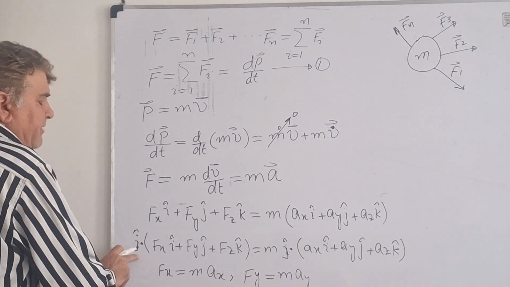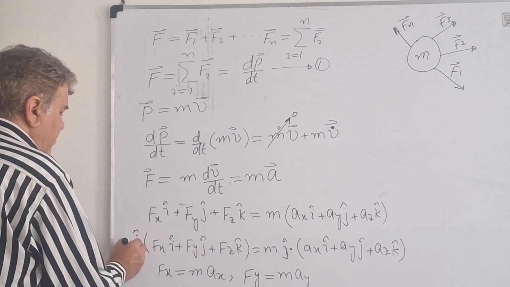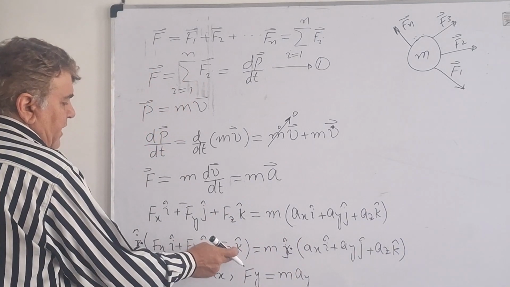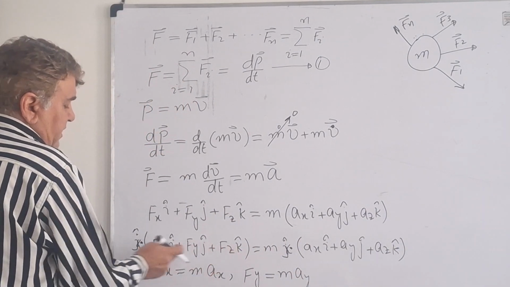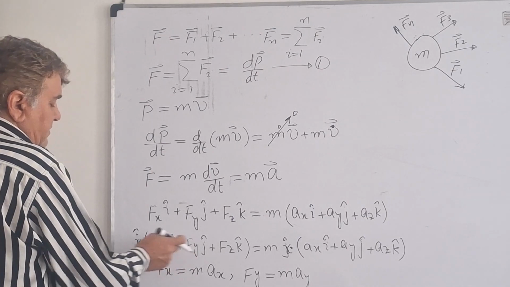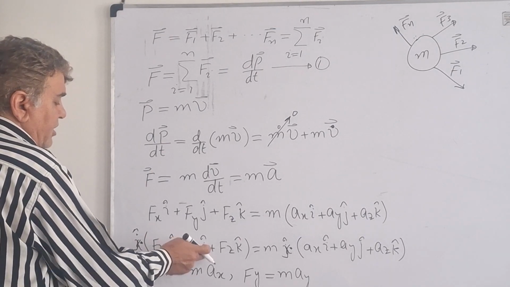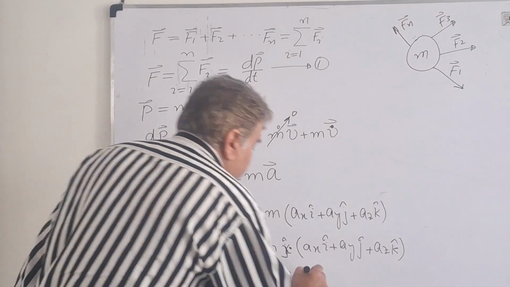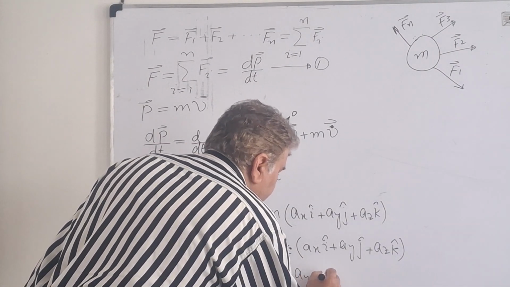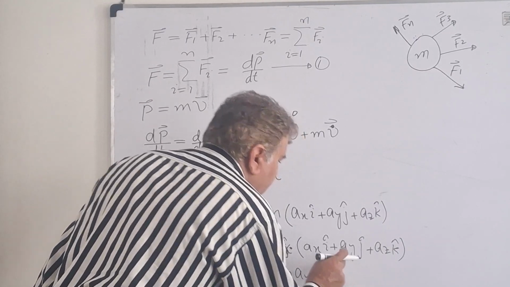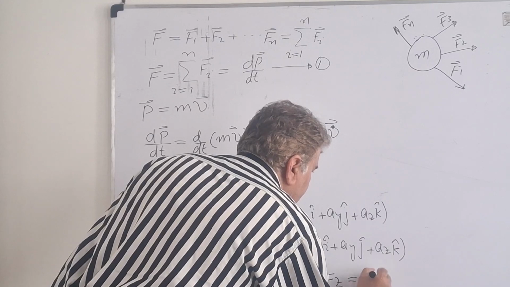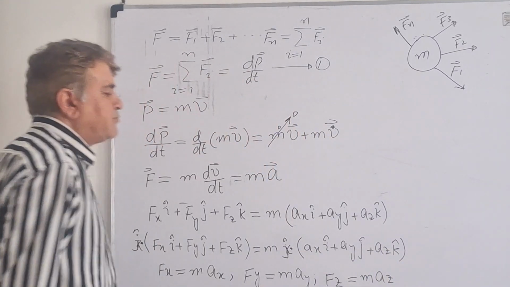And similarly, if I replace j with unit vector k, then I get fz, and these two go to 0 because k dot i and k dot j go to 0, and k dot k equals 1. So from this side I get m times az.